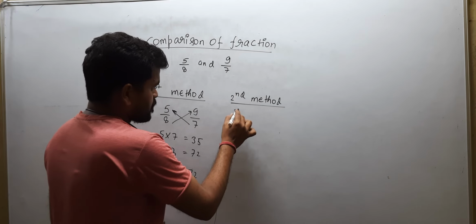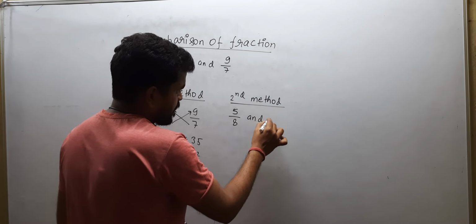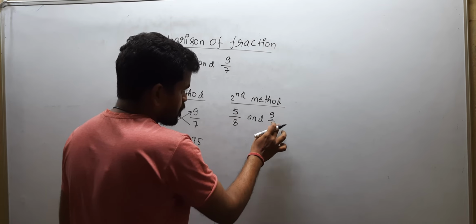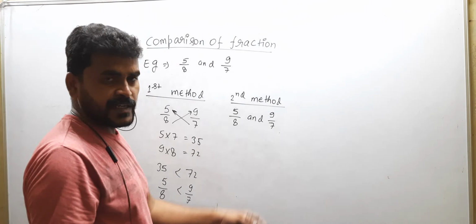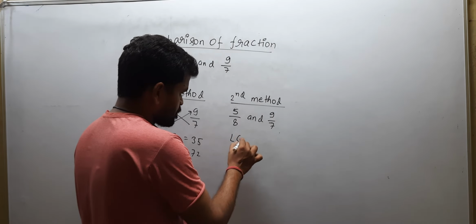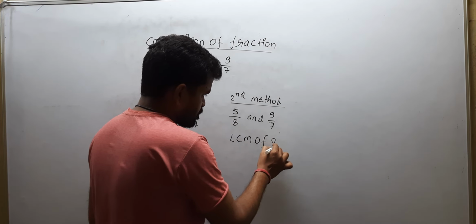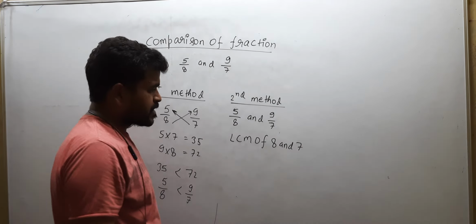In the second method you have to compare in this way: 5 upon 8 and 9 upon 7. First you have to take the LCM of 8 and 7. So what is the LCM of 8 and 7?